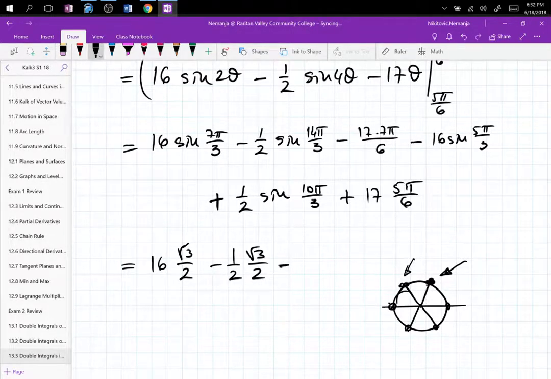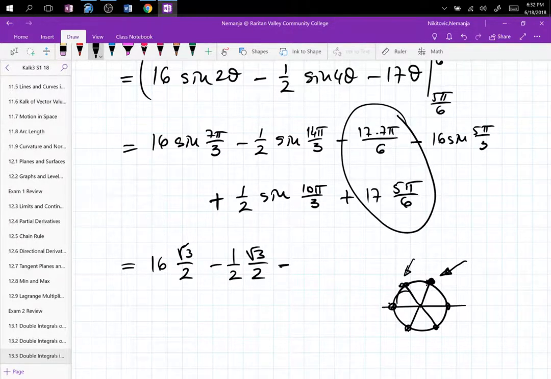Minus, I'm going to deal with numbers later. No, it does. You have the two of these. So you factor out 17 over 6, right?